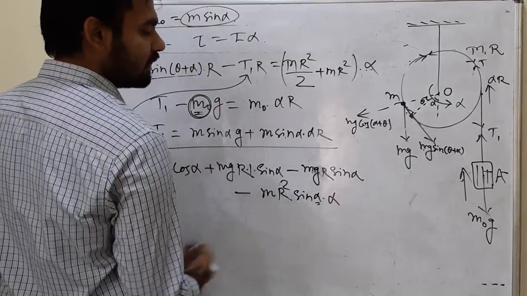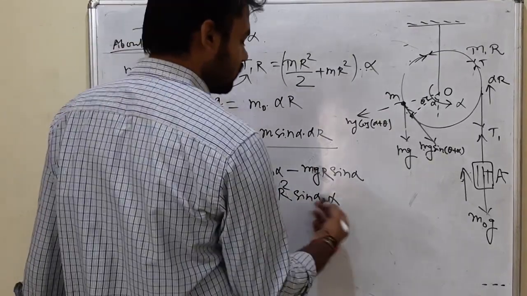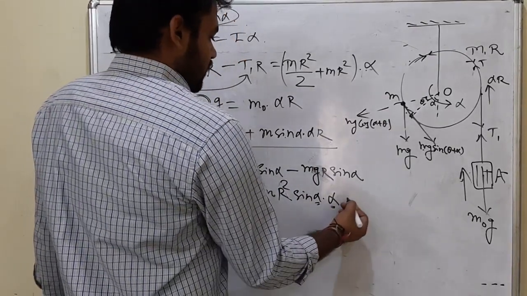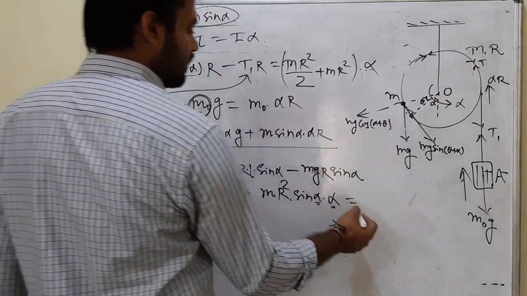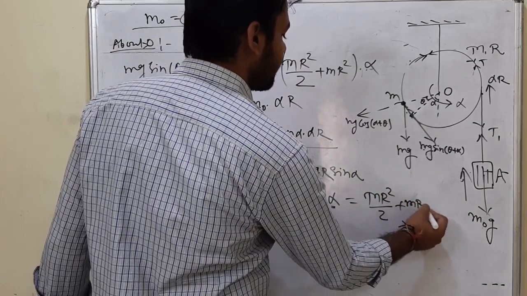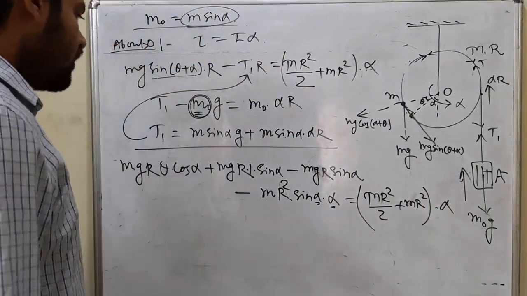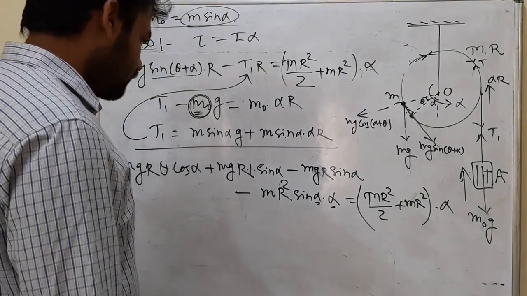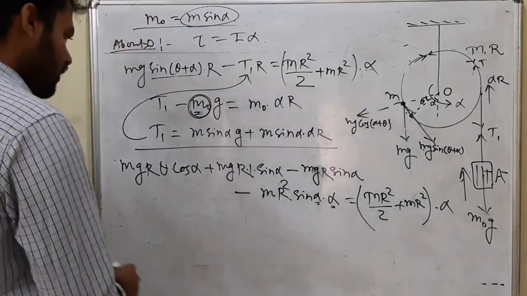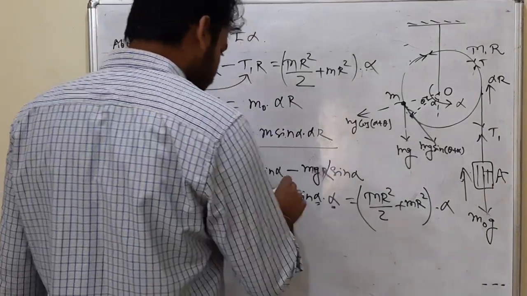This alpha is related to the angle, while this alpha is related to the angular acceleration. Don't get confused. And it must equal m r squared by 2 plus m r squared, multiplied by alpha. Now simplify this expression. One r will cancel out everywhere.